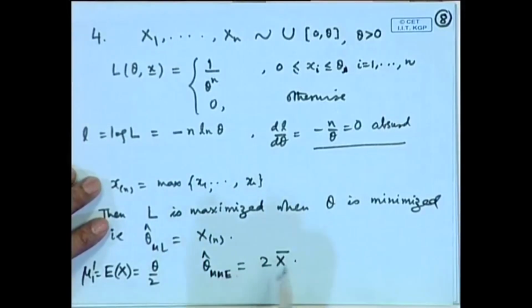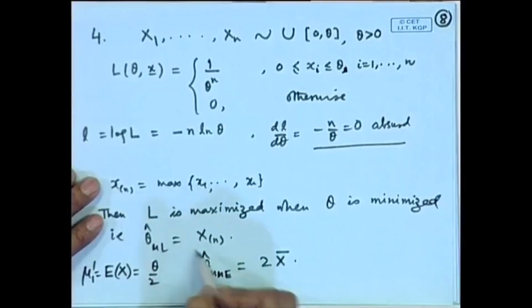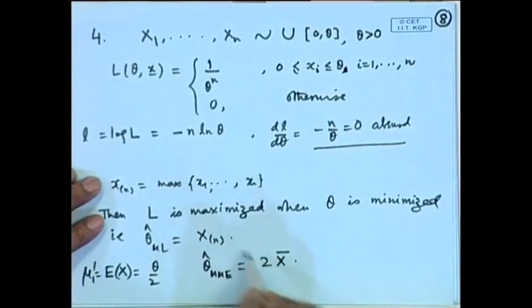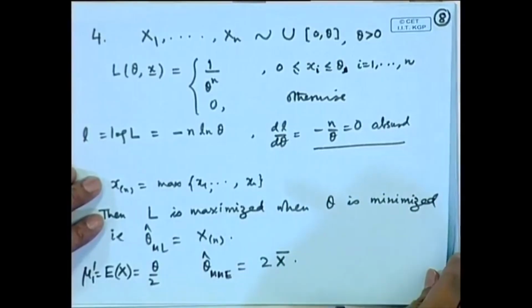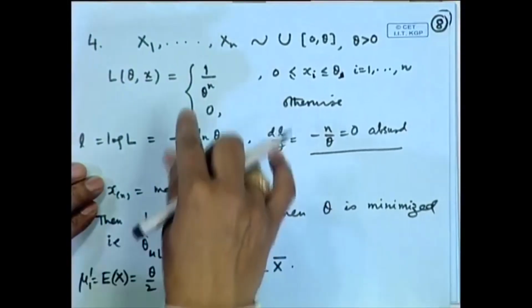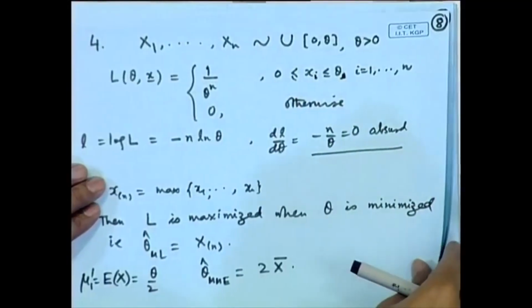So, you can see the situation here, the method of moments estimator and the maximum likelihood estimator are totally different. Here it is the maximum of the observations and here it is 2 times the average of the observations. Further, this example illustrates that the method of taking logarithm and differentiating does not always work.